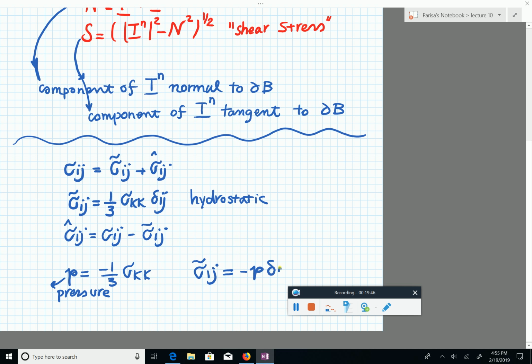This is useful. If you have looked at your homework, one of the homework problems uses this notation too. So now we are done with everything I wanted you to know from chapter 3, and we are moving to chapter 4.